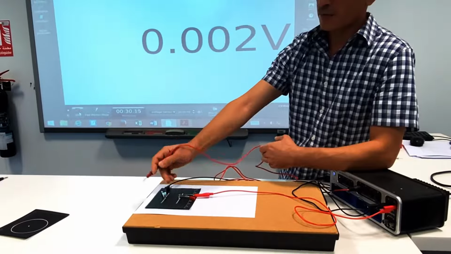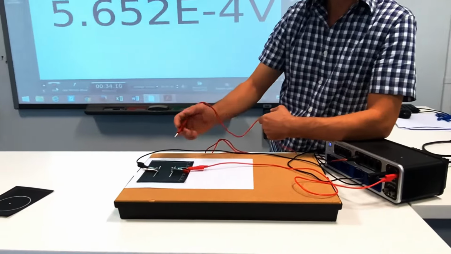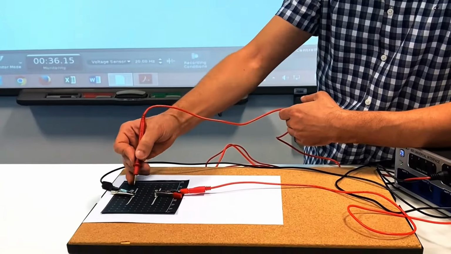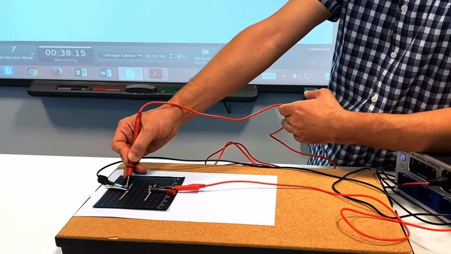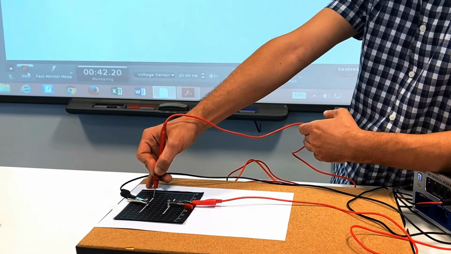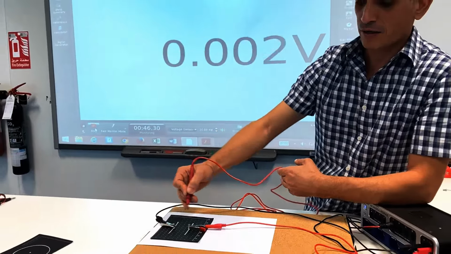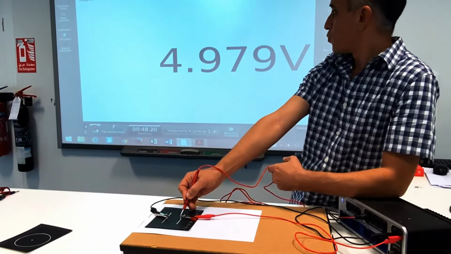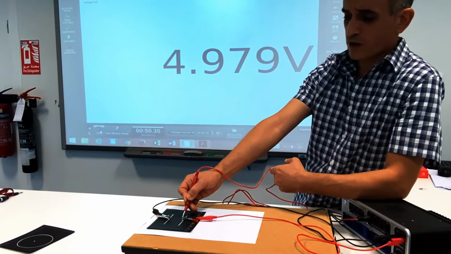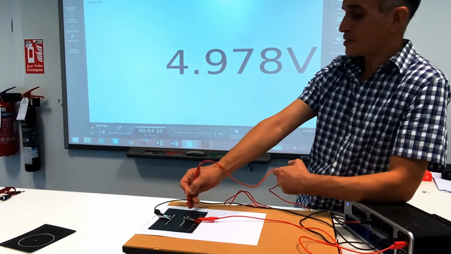Furthermore, the same readings should be the same on the line itself. So this number, which is very close to 0 again, should be the same as the rest of the silver line. The 4.979, which is close to 5 volts, should be the same on the silver line itself.